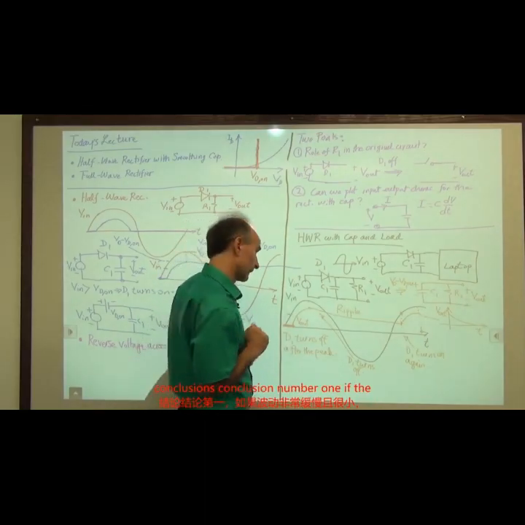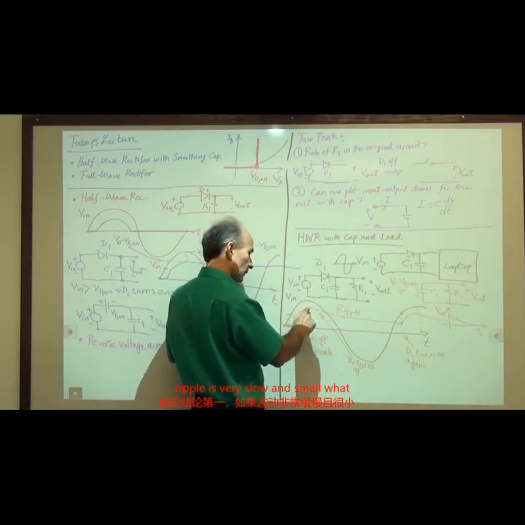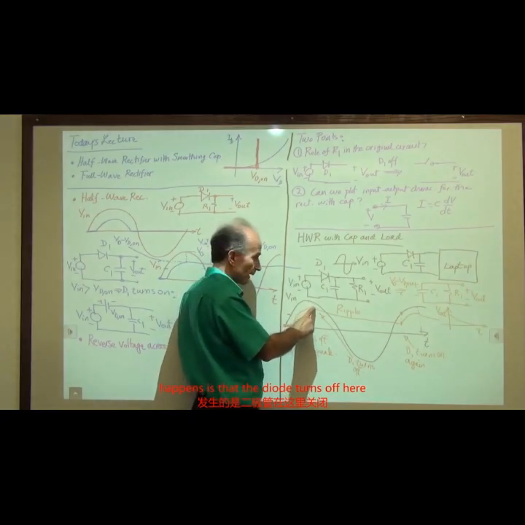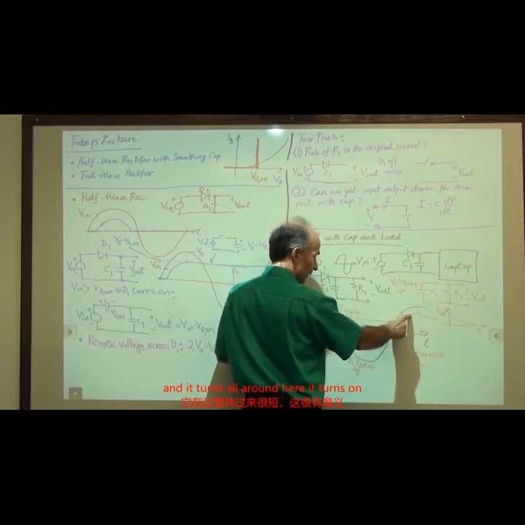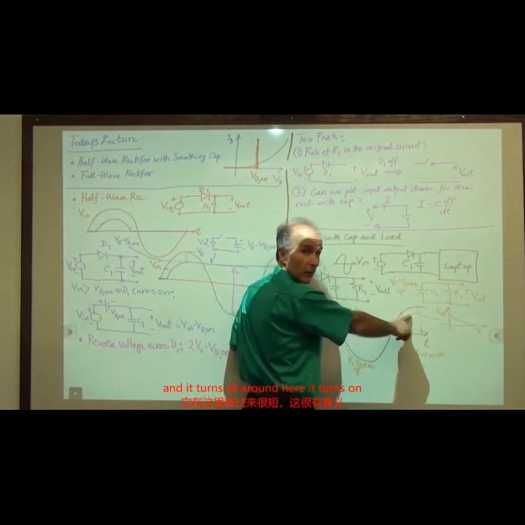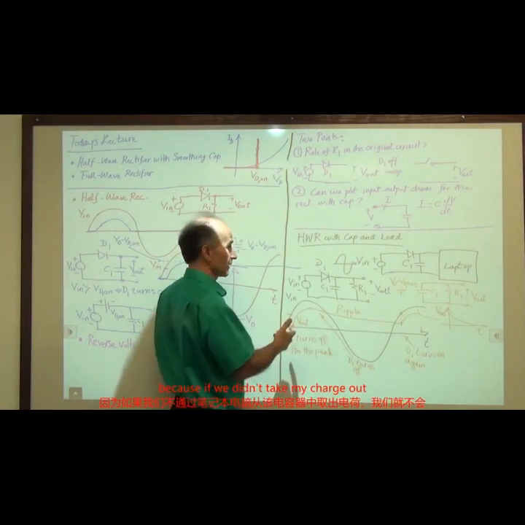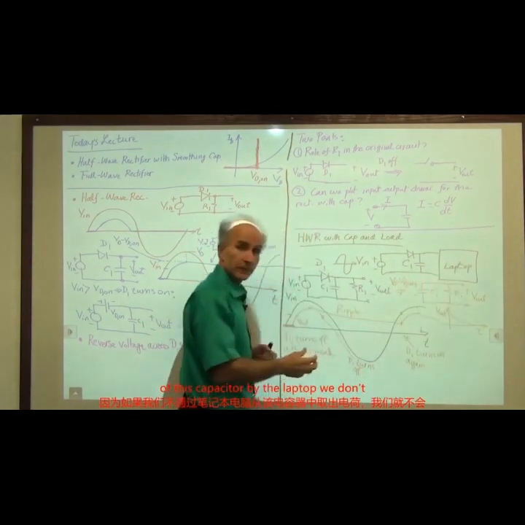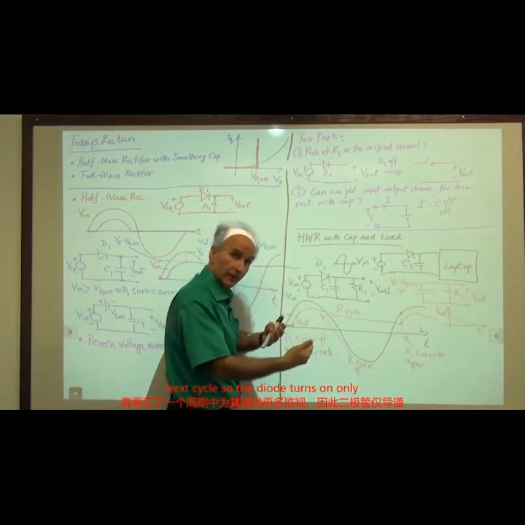Conclusion number one, if the ripple is very slow and small, what happens is that the diode turns off here, and it turns on around here. It turns on very briefly. And that makes sense, because if we didn't take much charge out of this capacitor by the laptop, we don't need to provide much charge to it in the next cycle.